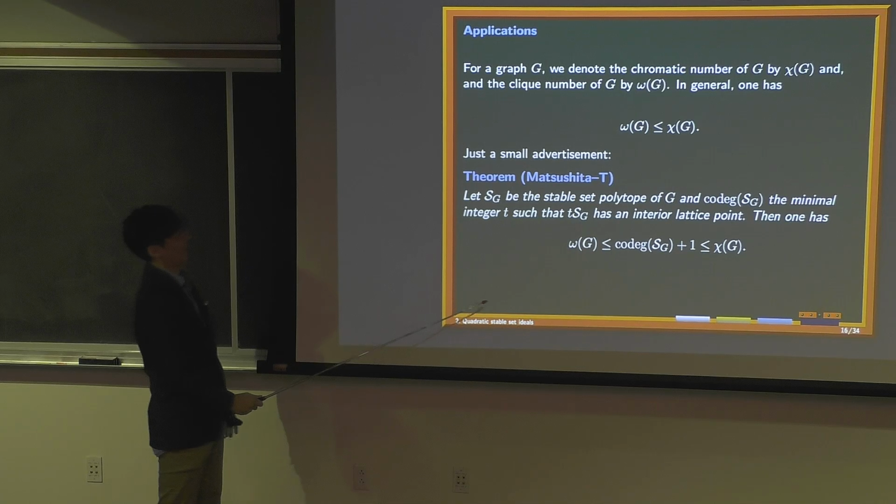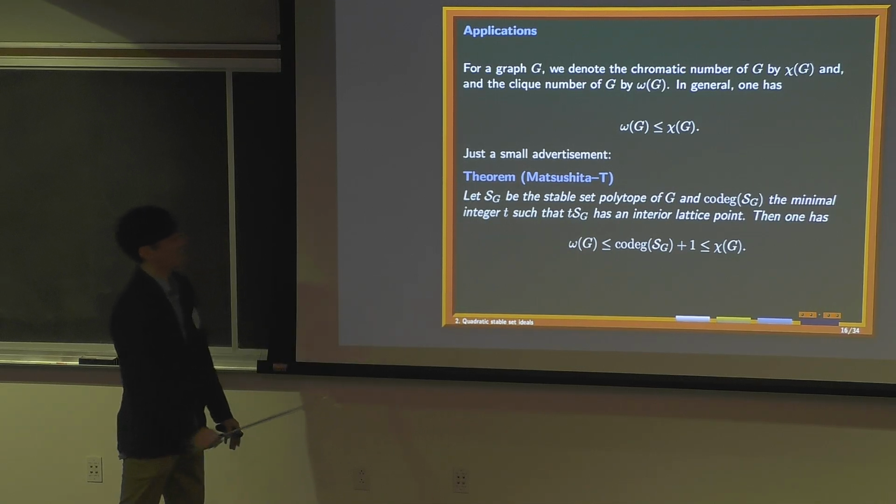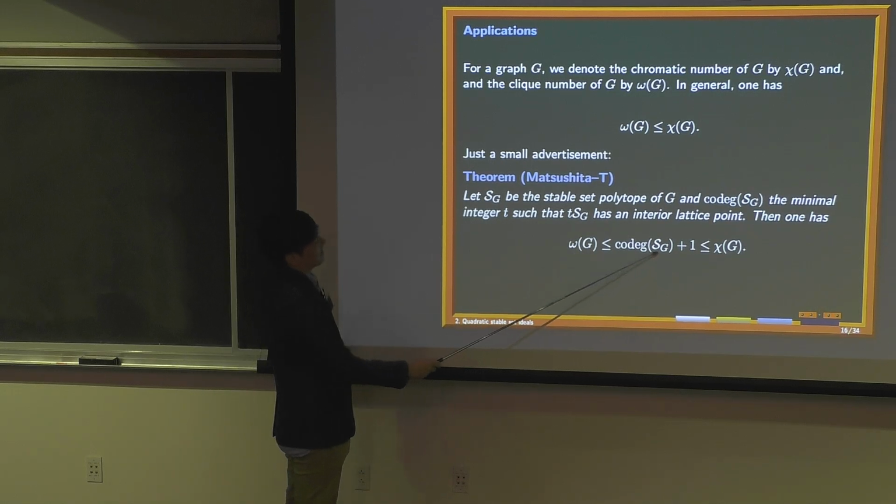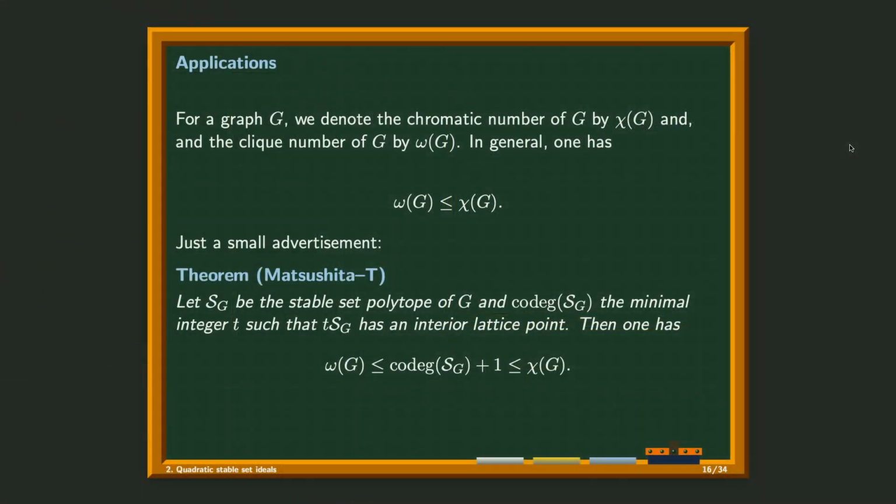So recently, Matsushita and I found the following theorem. Namely, S_G is the stable set polytope of G, and the codegree is the minimal integer t such that the t-th dilation of S_G has an interior lattice point.